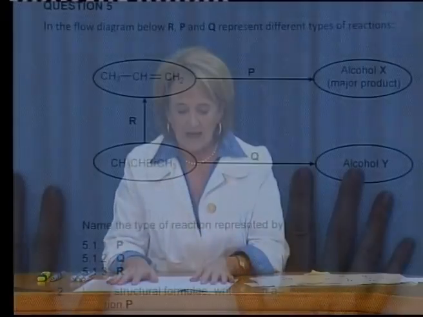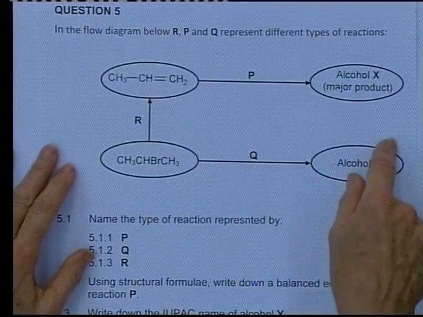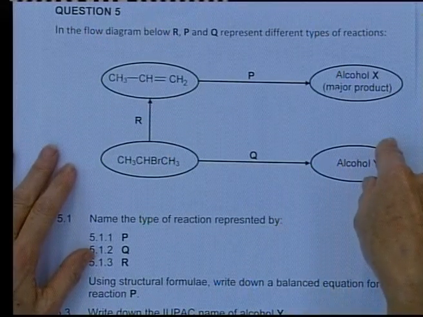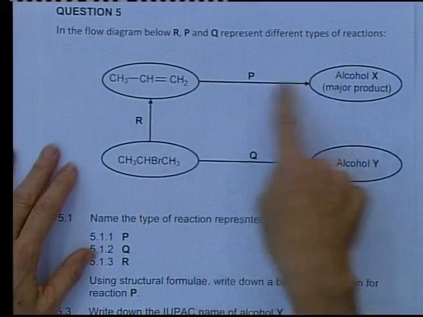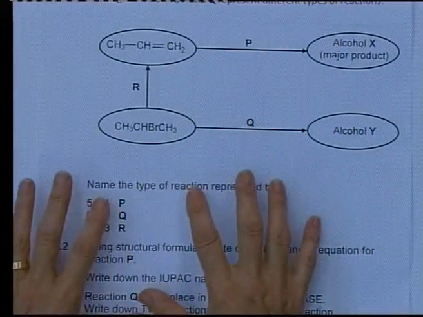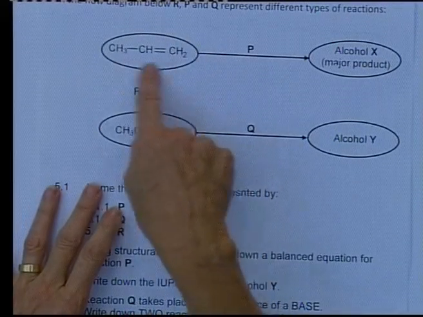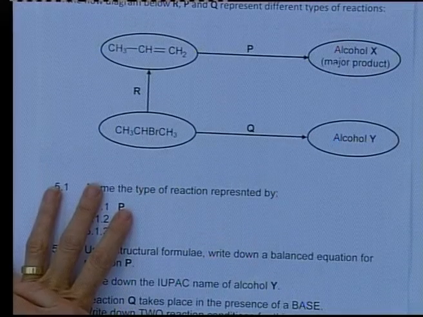Now, let's have a look at question number 5, which is about types of chemical reactions, organic chemistry. Right, let's read the question. In the flow diagram below, R, P, and Q represent different types of reactions. And what we notice there, before we even do the question, is that that substance has got a double bond, which means that that is an alkene.